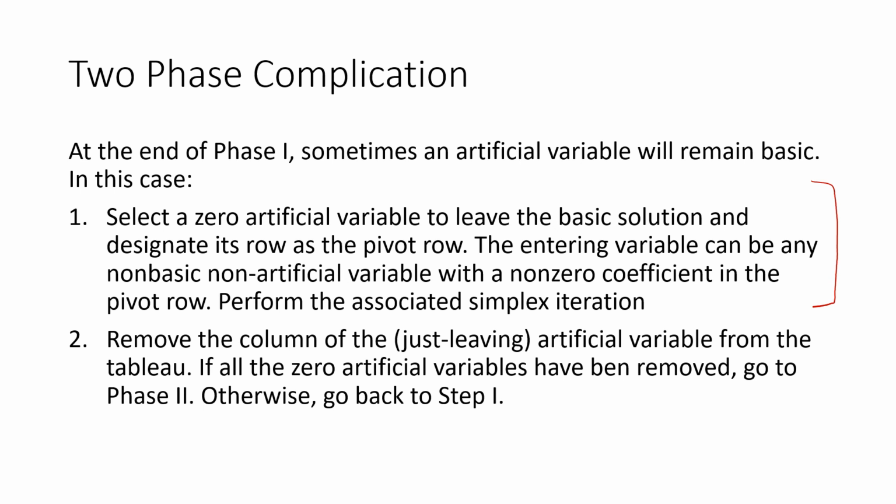Choose any entering variable that is a non-artificial variable with a non-zero coefficient in the pivot row, and just do the simplex iteration. That's going to put the artificial variable into the non-basic. And you just keep doing this until all of your artificial variables have been removed from the basis.